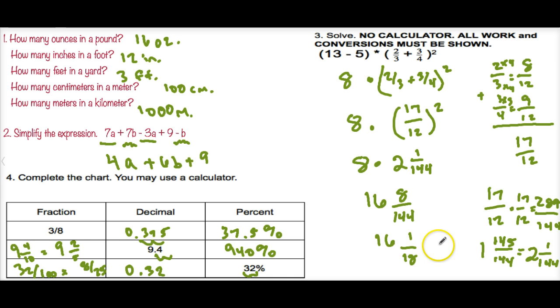I realized though, when I solved this the first time, I got a different answer because I converted these to decimals. And since it's a repeating decimal, my 2/3 is a repeating, it kind of changes things. So I initially said 0.66 plus 0.75. Let me change my color. So I said 0.66 plus 0.75.